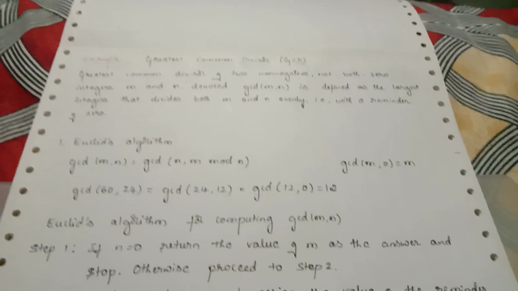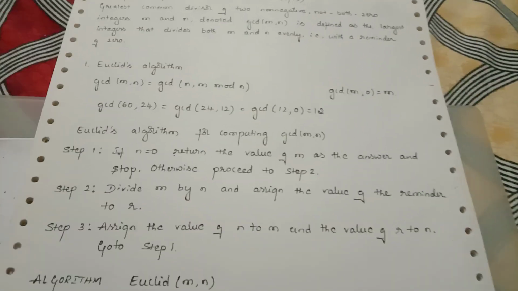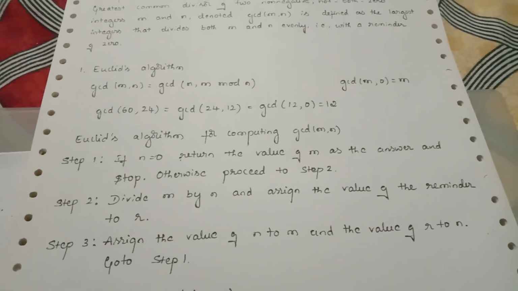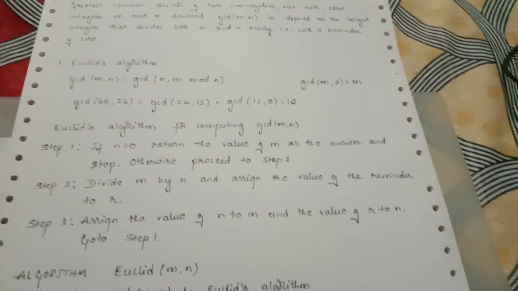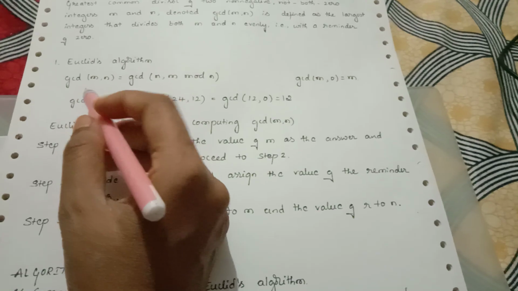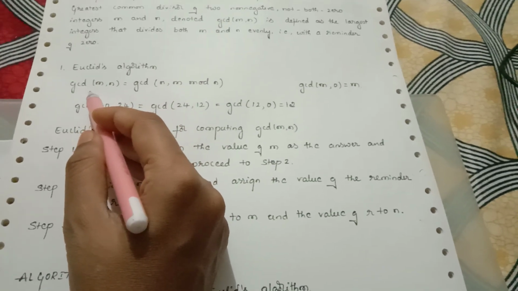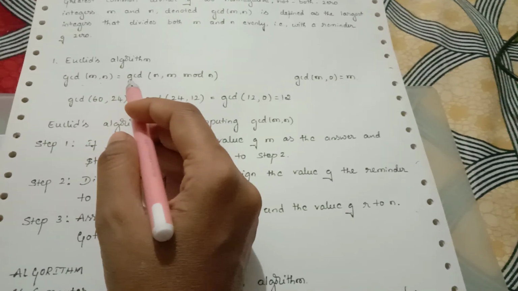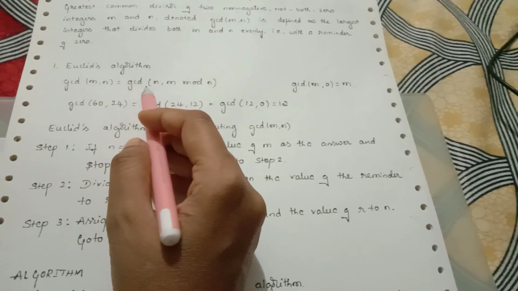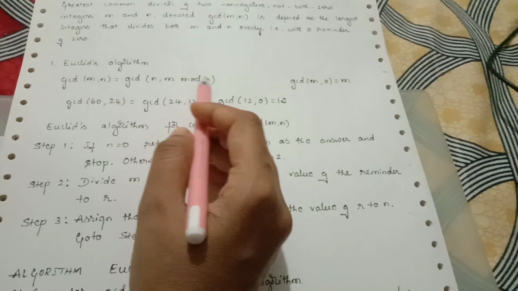Okay, so the first algorithm we are going to study is Euclid's algorithm. Here a formula is given: whenever we need to compute GCD of m comma n, we can replace it with GCD of n comma m mod n.